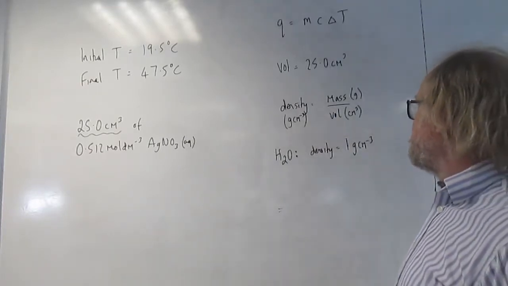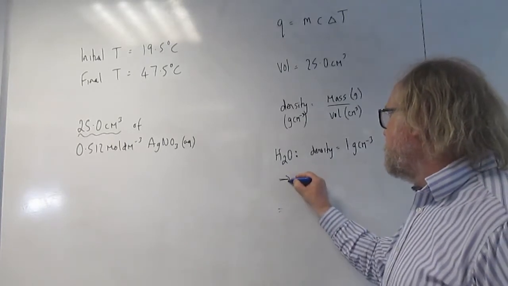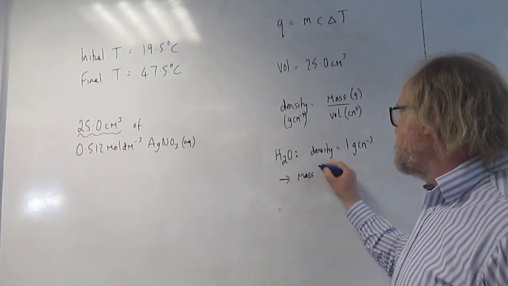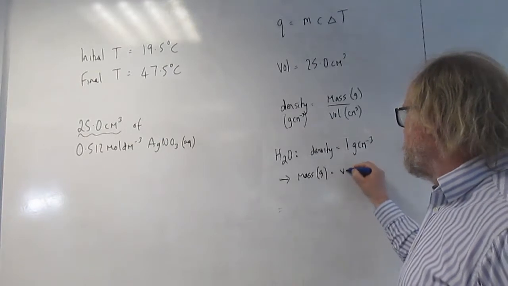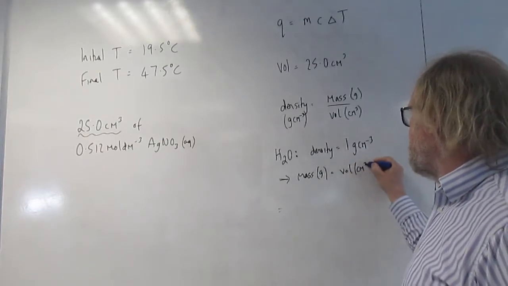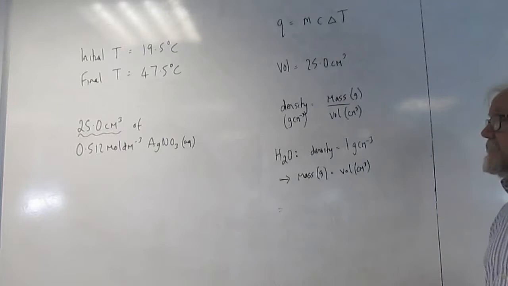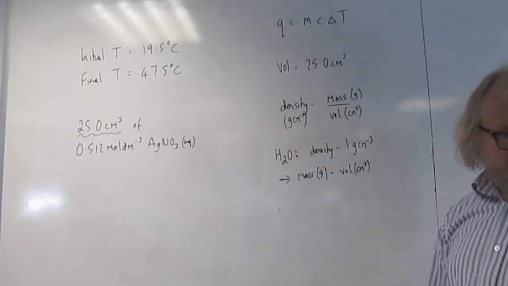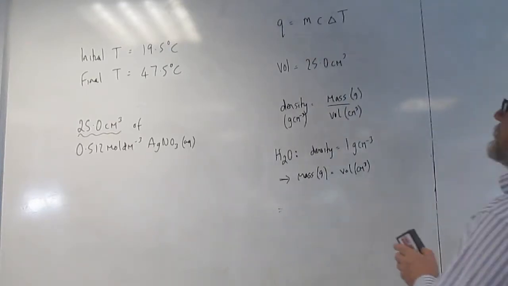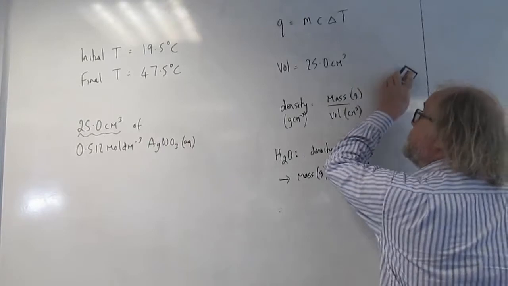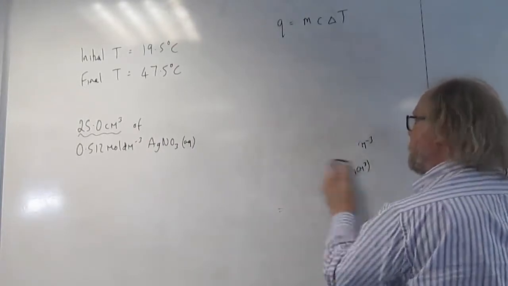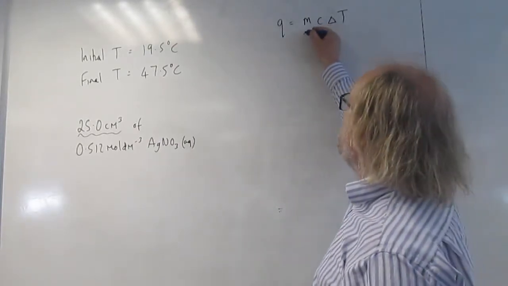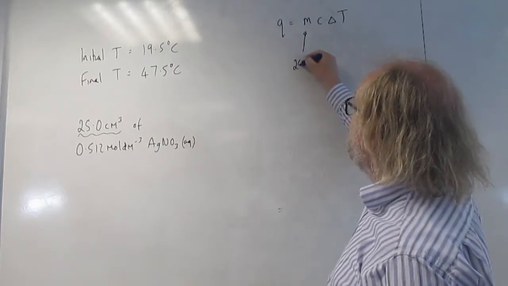The density is 1 gram per cm cubed for water, which means that the mass in grams is equal to the volume in cm cubed. Okay, so you need to be prepared to do that kind of calculation to figure out the value of M in your Q calculation there.